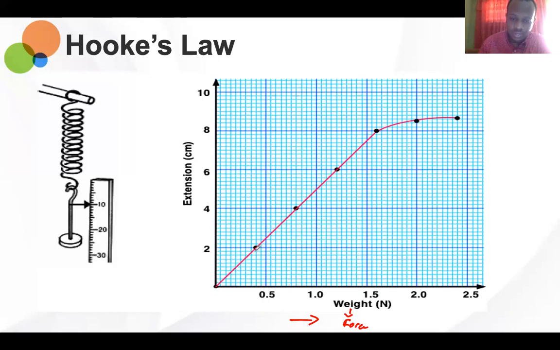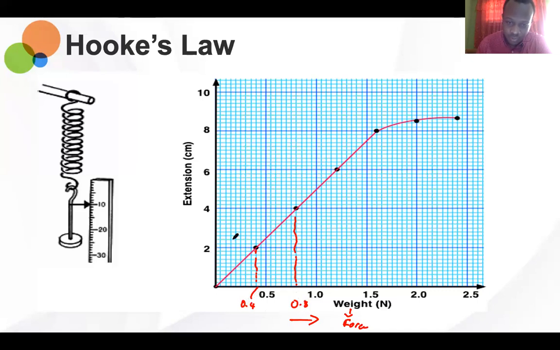So as we increase the force, this is about 0.4, right? And this is about say 0.8. I don't want to go too technical into the graph, but just to get an understanding, this is 0.4, and we increase it to 0.8.